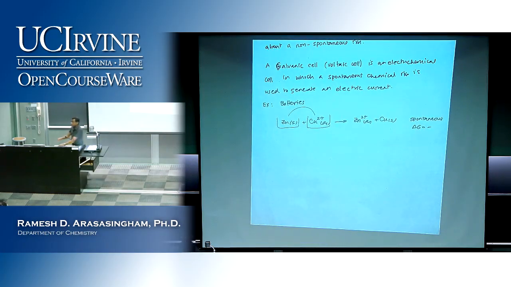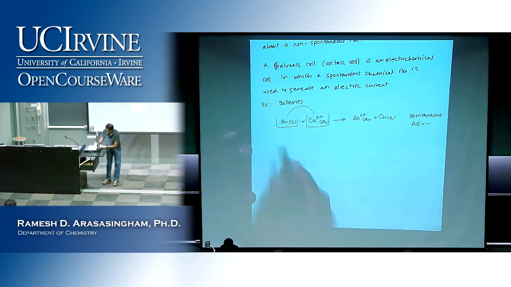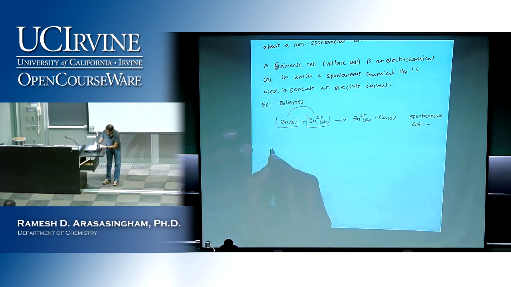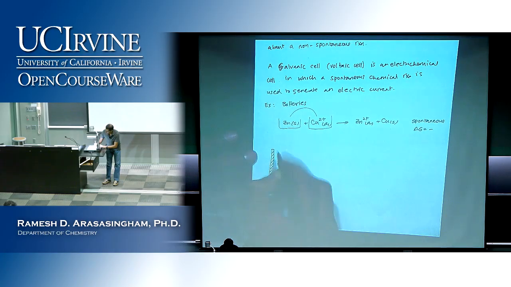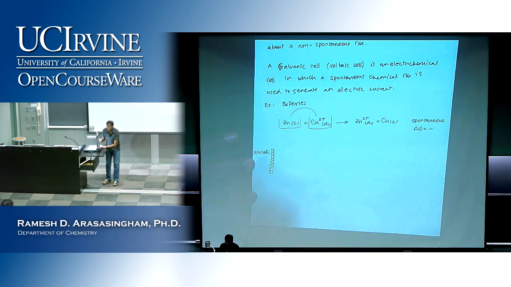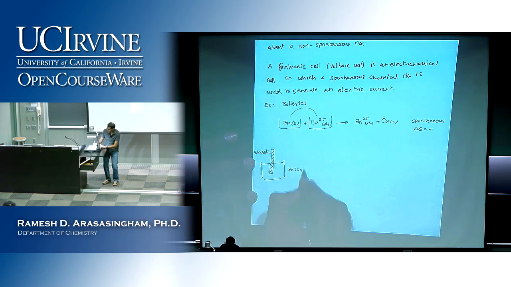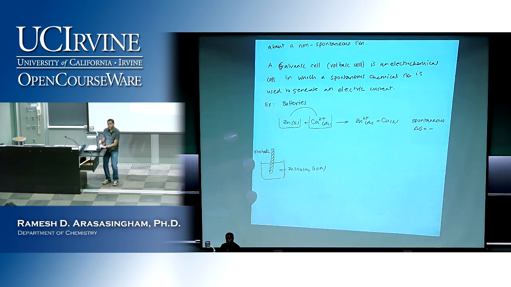In order to separate that, we have the zinc metal, and we're going to call this the electrode. This zinc metal is going to be dipped in a solution of zinc sulfate, usually about 1 molar concentration.